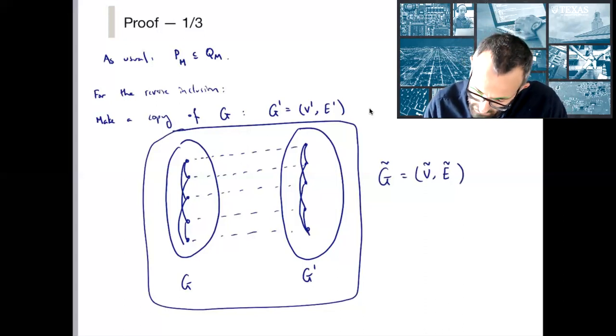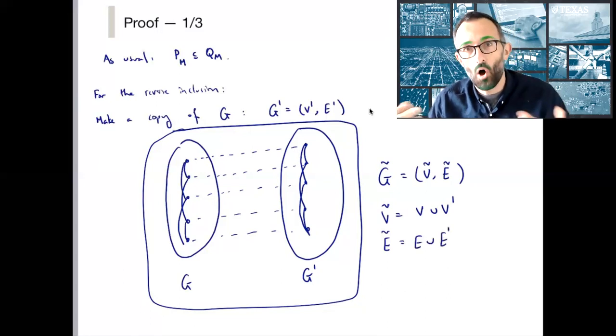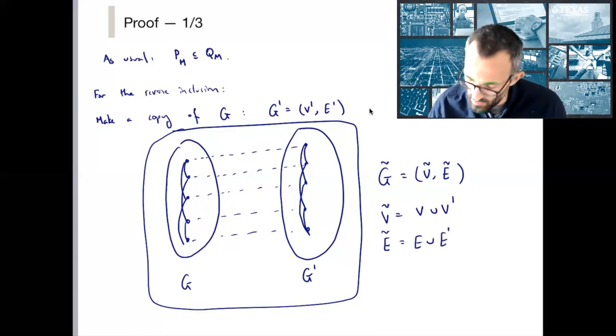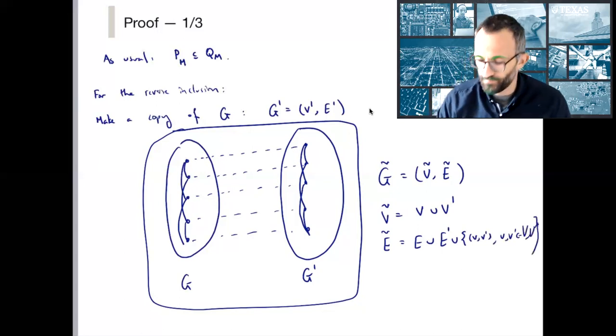So again, just to be clear, V tilde is equal to V union V dash. E tilde is equal to E union all the copies, and now all of the V to V dash edges. So I'll just denote that informally as all the V to V dash edges, where V, V dash are in V, V dash respectively.